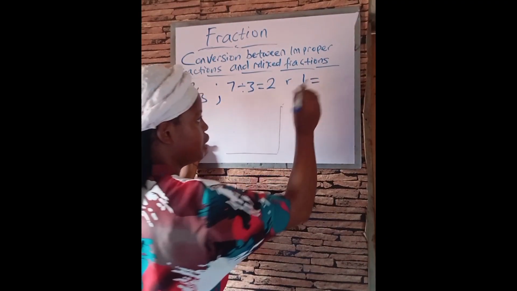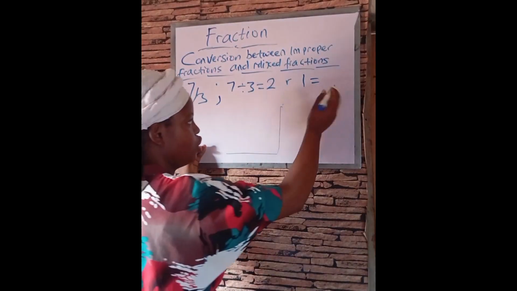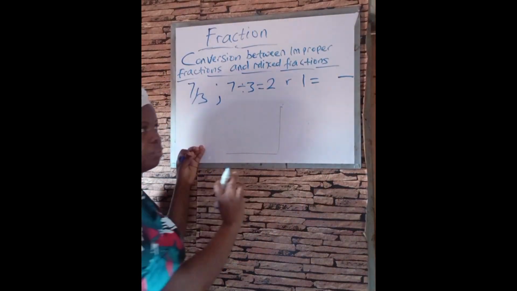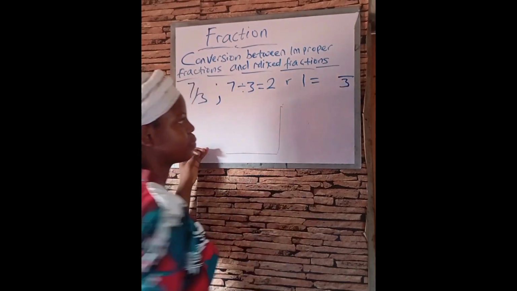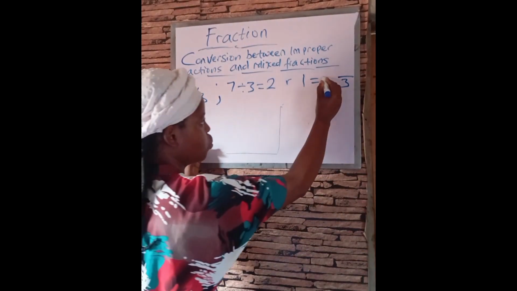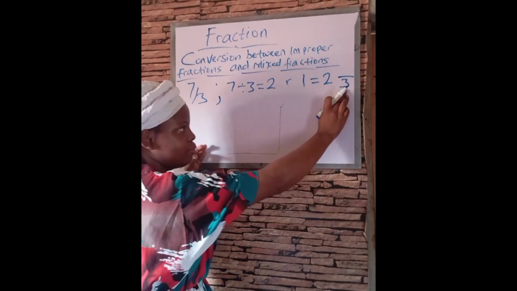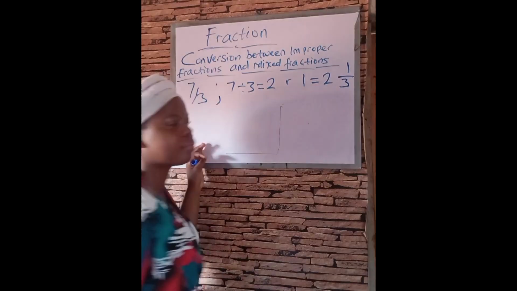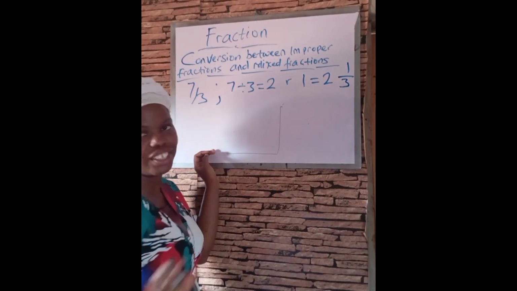So the rule is to do what? You keep the denominator, which is 3. 7 divided by 3 is what? 2. So write 2. You keep the denominator as the denominator. Then the remainder, you write it. That's just it.